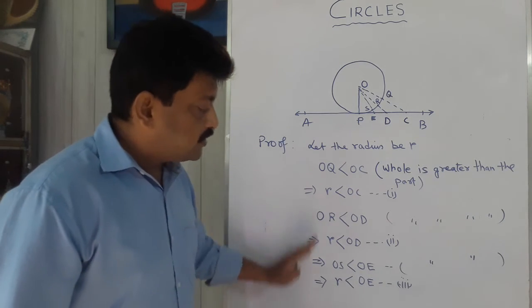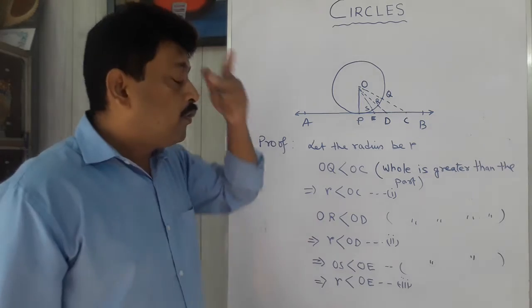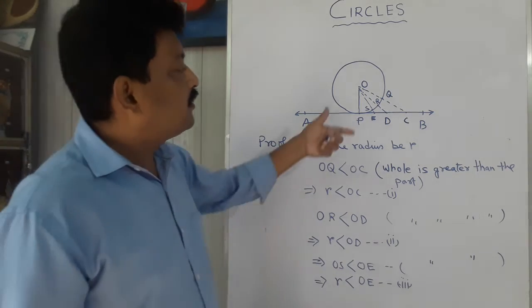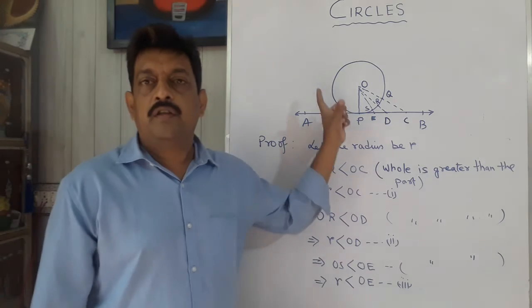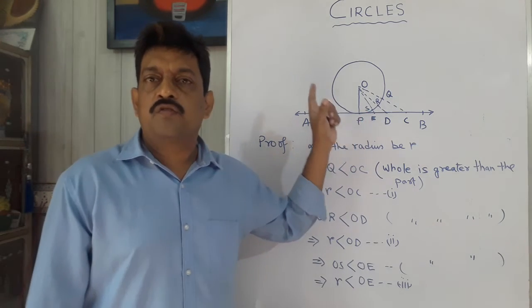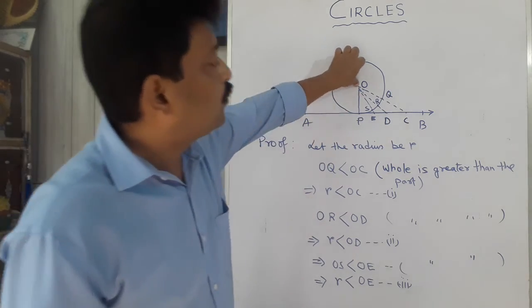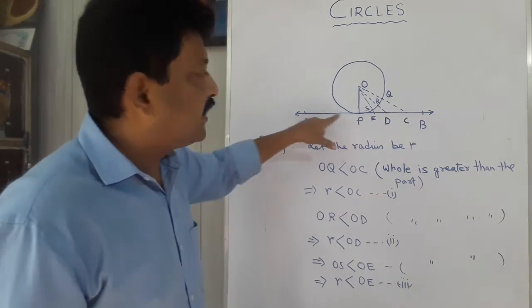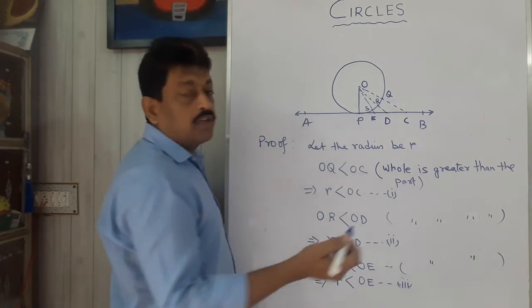Therefore, from these inequations, what are we getting? We are getting that the radius of the circle is smaller than the distance between the center O and any point on the tangent AB. If you take points this side also, same thing will be observed.